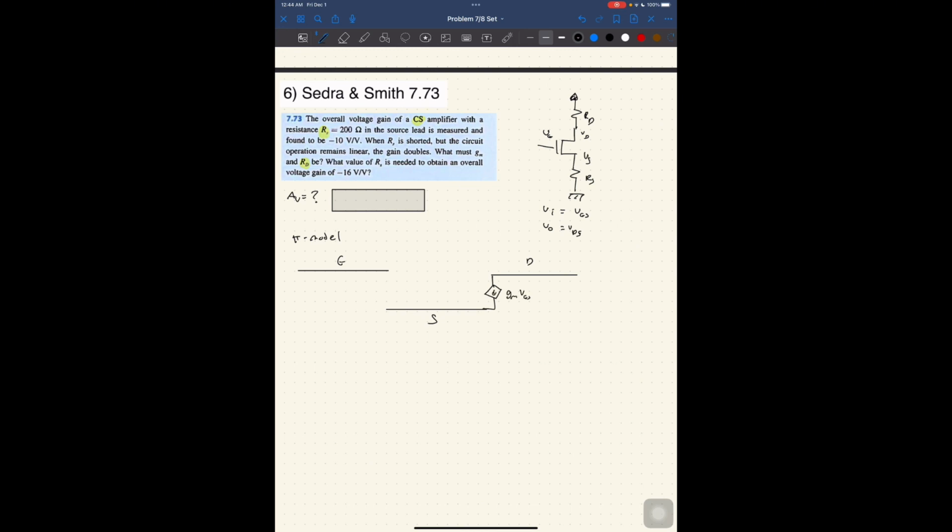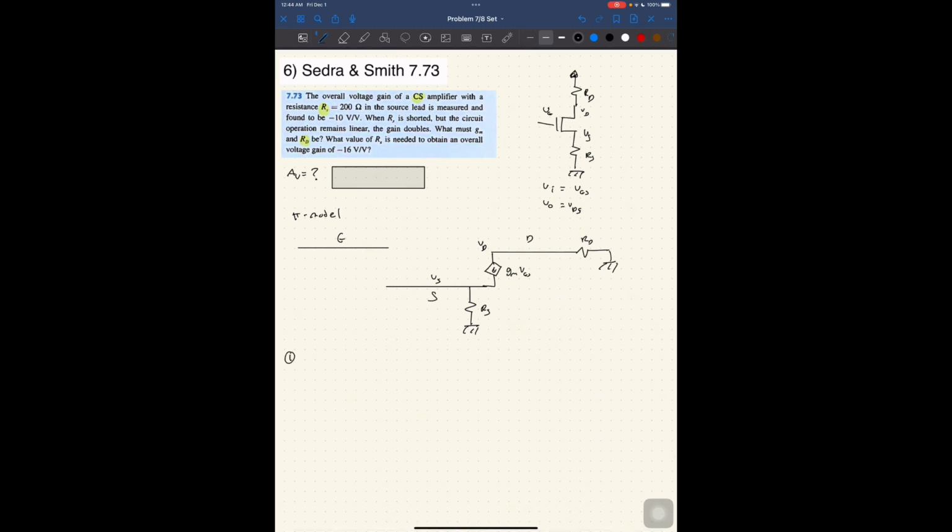The source is connected to an RS, which is connected to the ground, and the D is connected to an RD, which is connected to the ground. This is my VD, this is my VS, and this is my VG. Okay, so my VI is VGS and my Vout is equal to VDS.